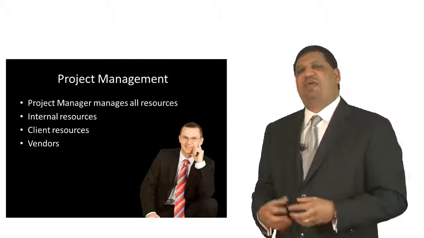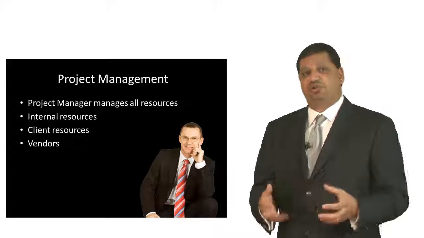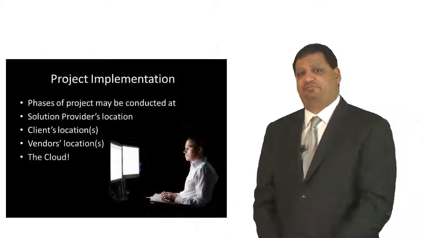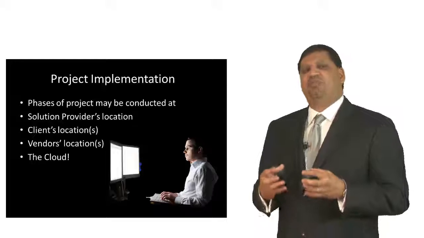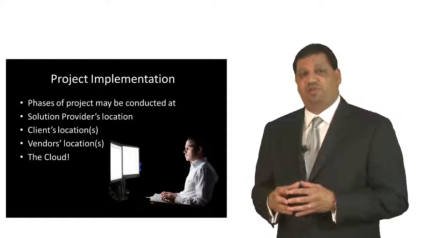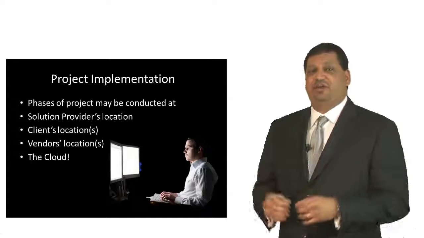The project manager then manages all resources during project implementation: your internal resources, the client's resources, and vendors and fulfillment partners. Now, phases of project implementation can be conducted at the solution provider's location, client's location, vendors' locations, and certainly in the cloud.